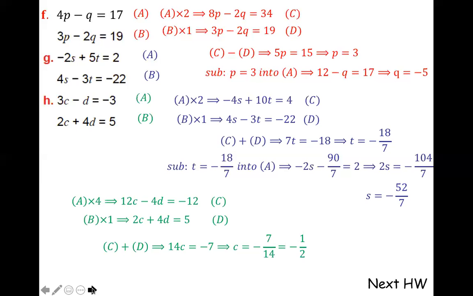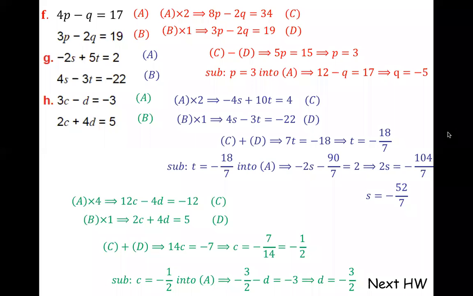We're going to sub C into probably B or A, because I've got D on its own here. So -3/2, because you time that by 3, minus D equal -3.